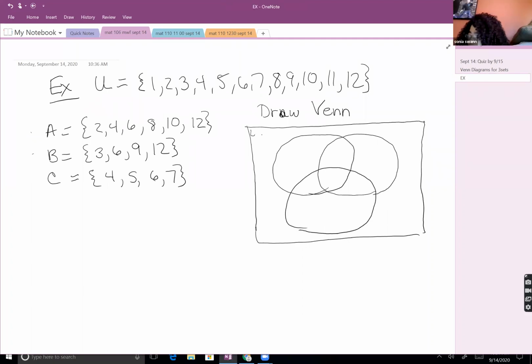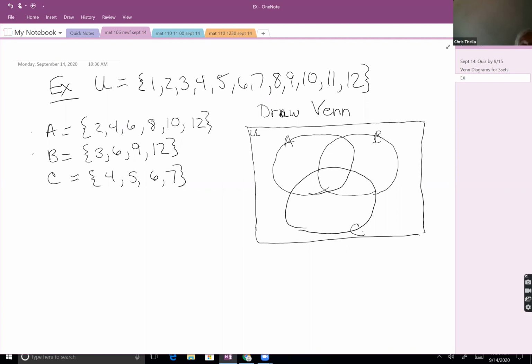I'm going to label my universal set. I'm going to label my loops A, B, and C. You don't necessarily, if you're drawing one by hand, have to put yours in the same order. But what's important is that you label the loops so that I know that the right elements are in the right sets.